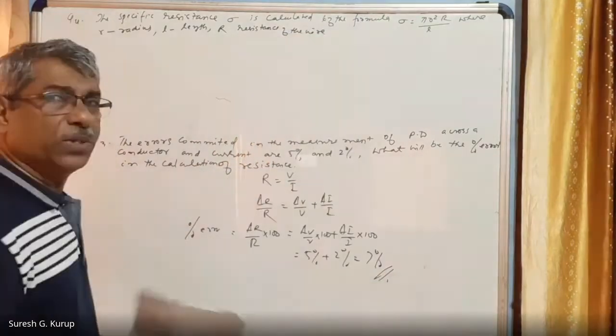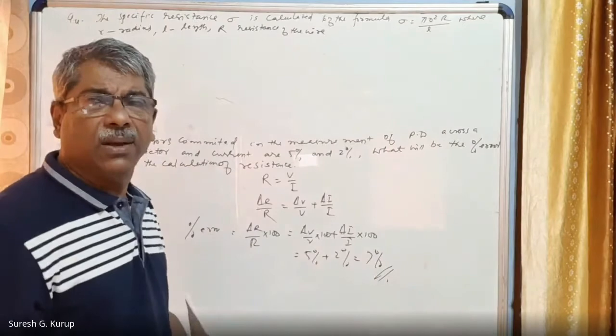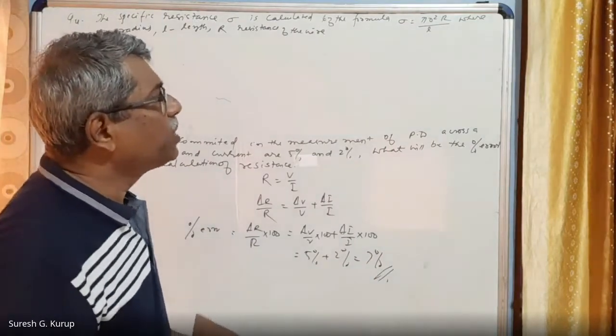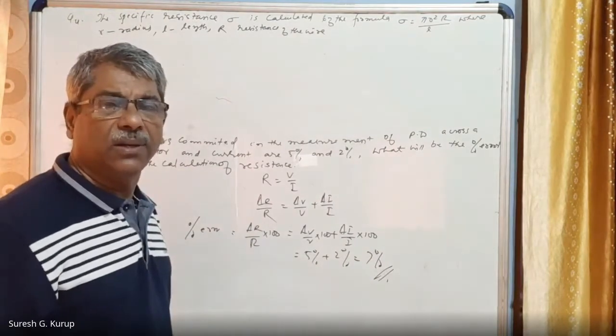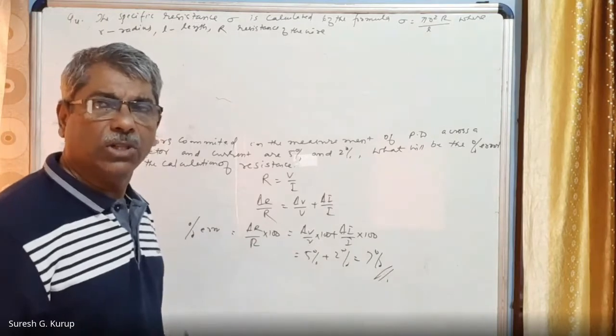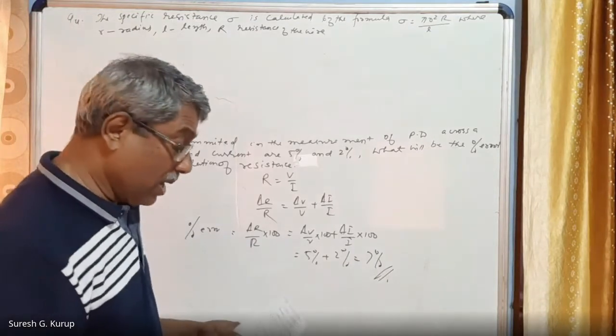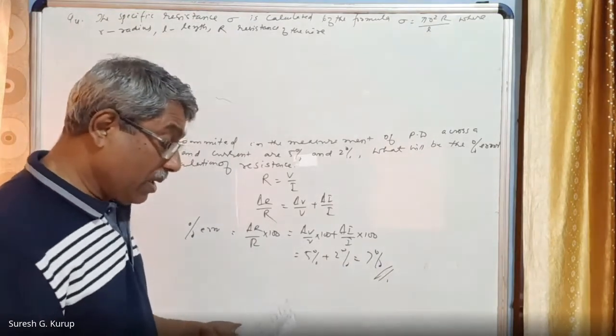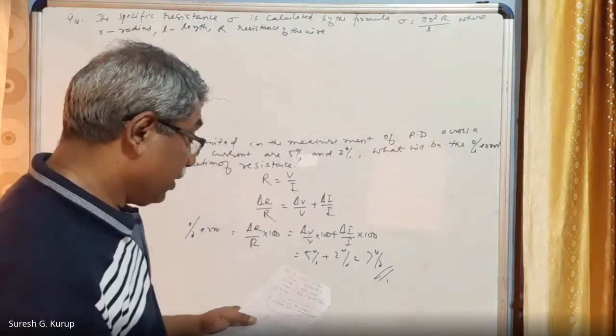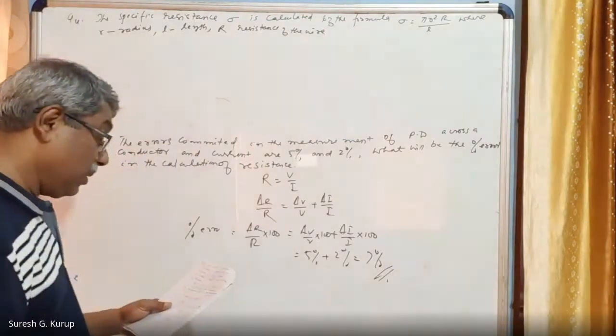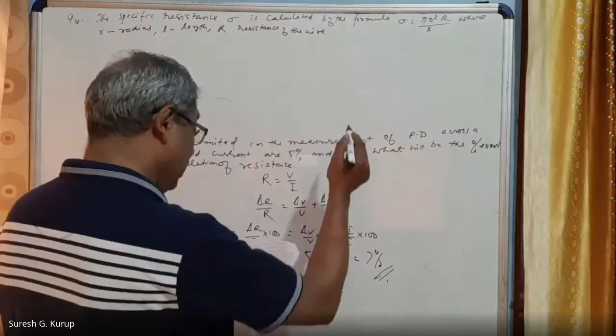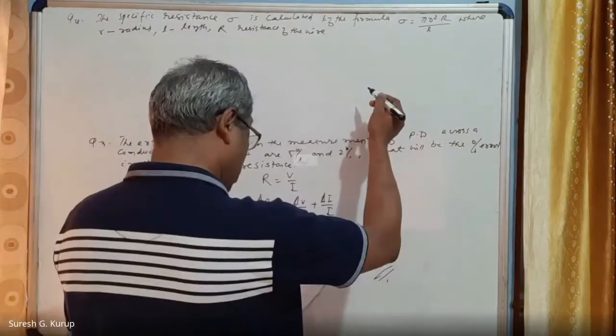There is a wire through which current is passing, right? So we have to calculate the specific resistance of the wire. Specific resistance will be taught in the next year, higher secondary 2. All these things, okay?